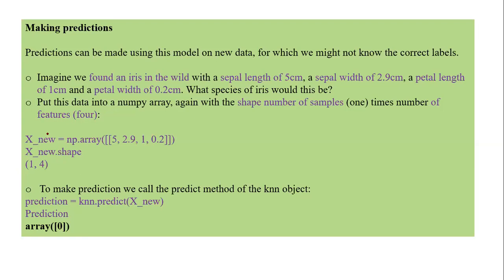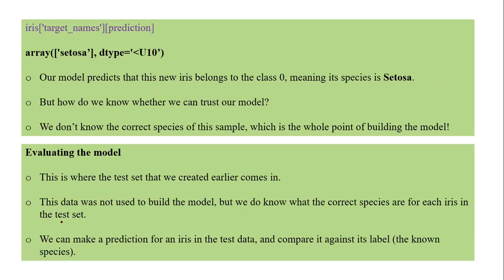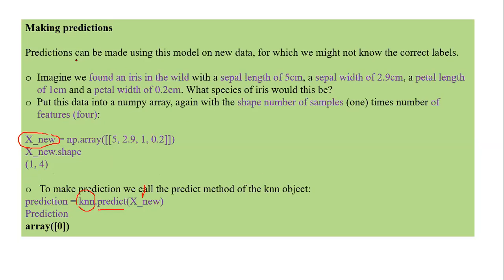So this value is new or unknown, and this is our model trained on the training data. It has a method .predict. We put X_new, and we see the prediction, 0. This shows that this belongs to the first label. And if you want to know the name of this one, it shows as Setosa. So our model says that the new flower belongs to Setosa.